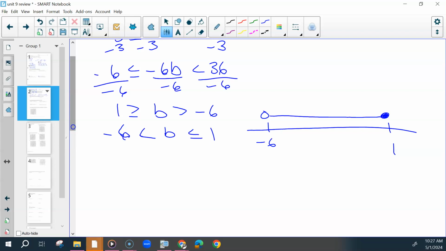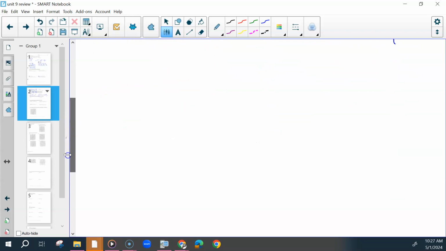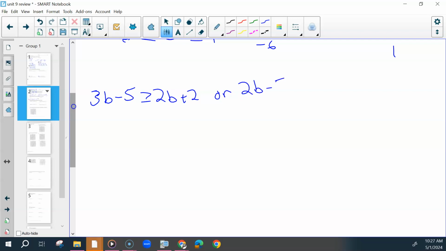Okay, let's do 8. The thing is still loading, so I'll just rewrite it. You don't need to write this. You guys are going to solve both of these separately.